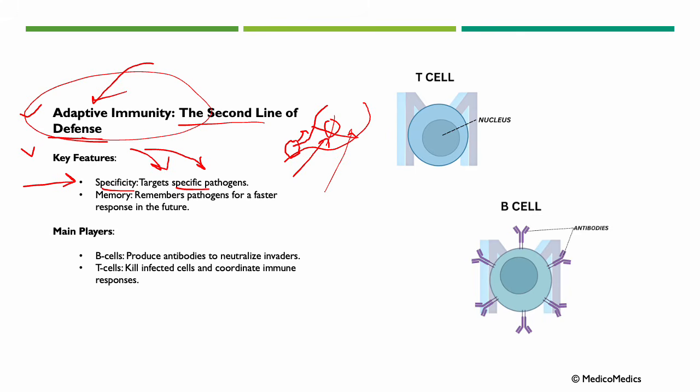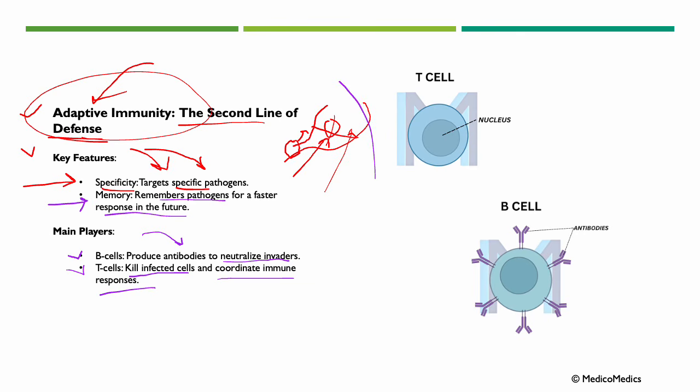Another key feature is memory. These cells remember pathogens for a faster response in the future, and we will talk about how that happens. The main players in our adaptive immune system are B cells that produce antibodies to neutralize invaders, and T cells. These kill infected cells and coordinate immune responses.